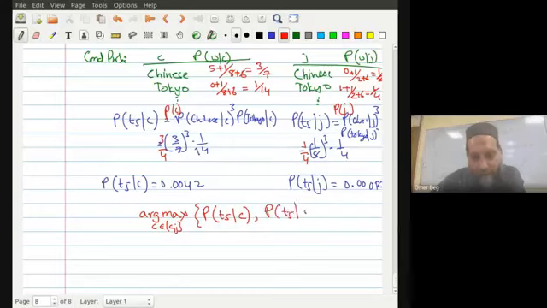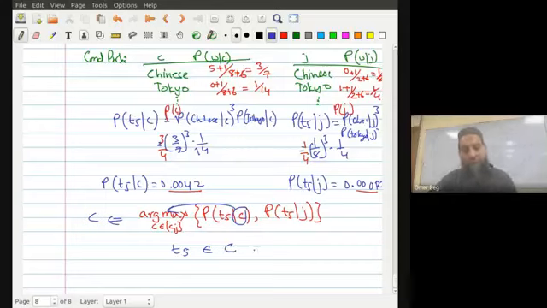And T5 given class J. You'll see, okay, this is a bigger number than this. So it would pick C and return it as C. So this sentence T5 would belong to class C or Chinese. Right?